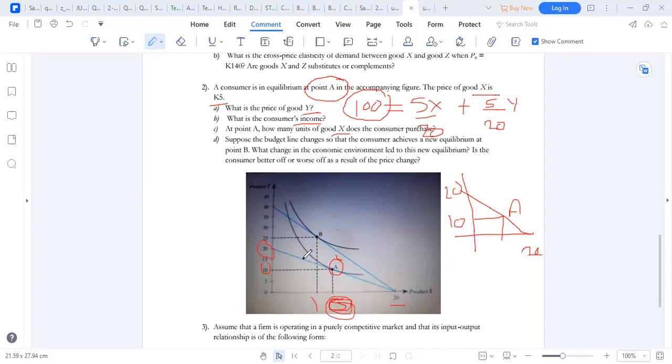We substitute this into the equation, so we've come up with a full equation, which is 100 is equal to 5x plus 5y.